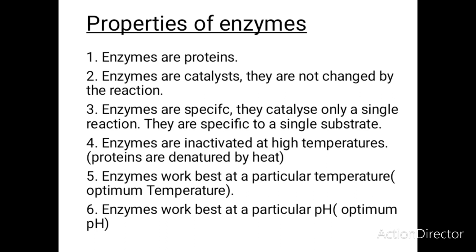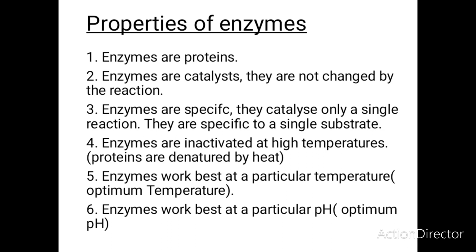Let's now look at the properties of enzymes. So enzymes are proteins. They are catalysts, meaning they are not changed by a reaction. Enzymes are specific. They catalyze only a single reaction. They are specific to a single substrate. Enzymes are inactivated at high temperatures, meaning they are denatured by heat.